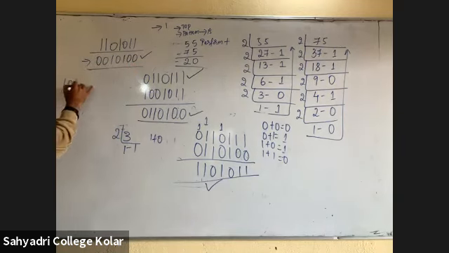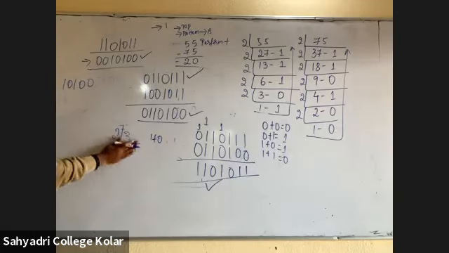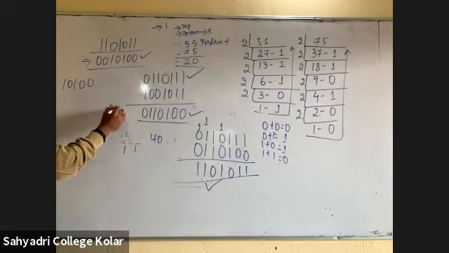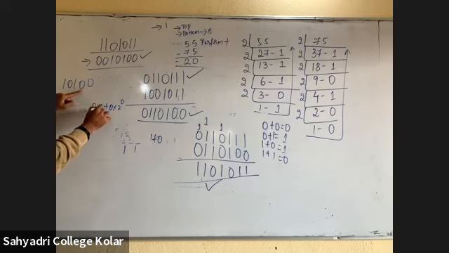So 1 0 1 0 0. Okay, now convert this particular number to decimal form. So 0 into 2 to the power of 0 plus 0 into 2 to the power of 1 plus 1 into 2 to the power of 2 plus 0 into 2 to the power of 3 plus 1 into 2 to the power of 4.